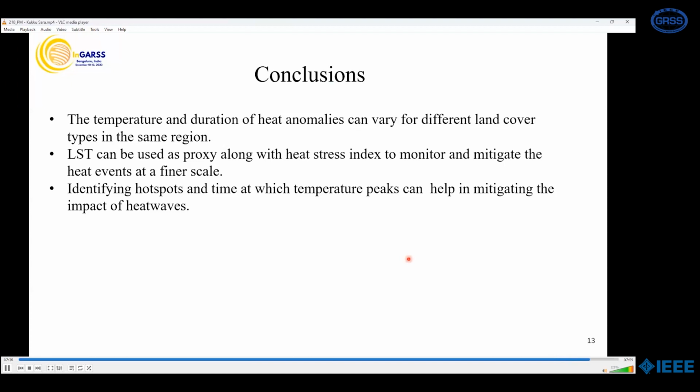Like I said previously, vegetation stress can be identified, and when to water the plants can be decided. Also, in case of urban heat island, where to incorporate green spaces can be decided using this information.